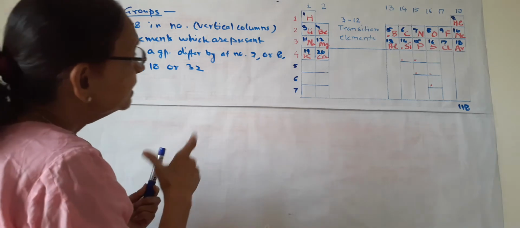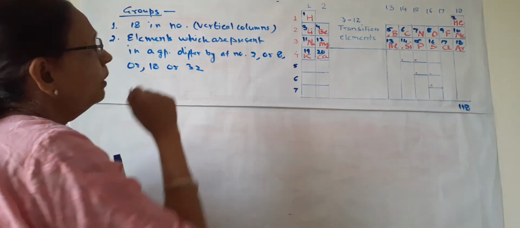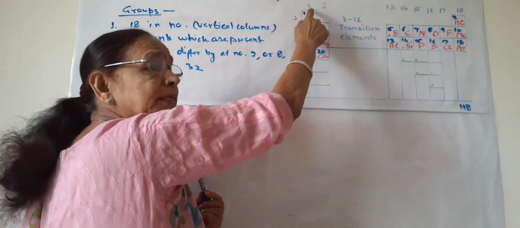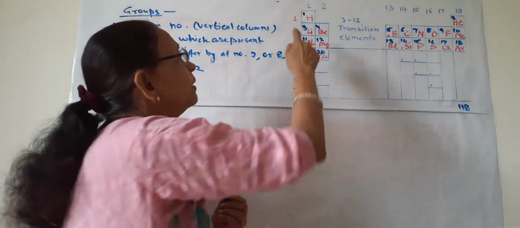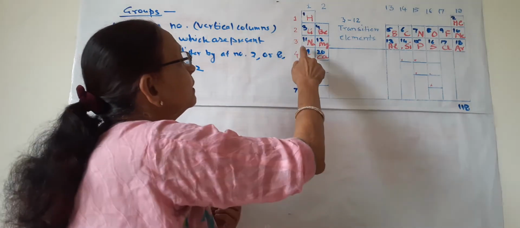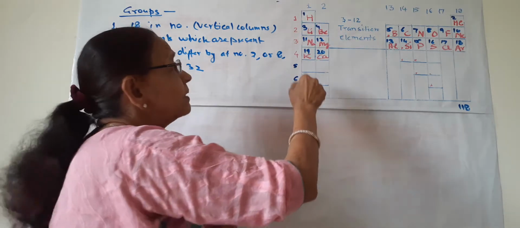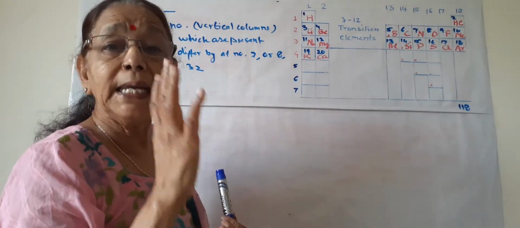That is, the difference in atomic number may be 2 or 8 or 18 or 32. We see this group. This is the first element, this is the second. They differ by 2. 3 minus 1 is 2. This is the third element in the same group, and sodium and lithium differ by 8.